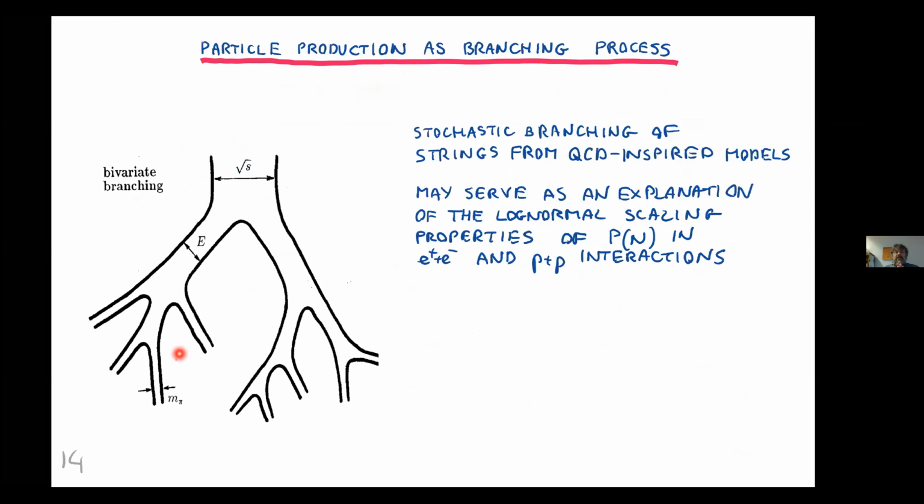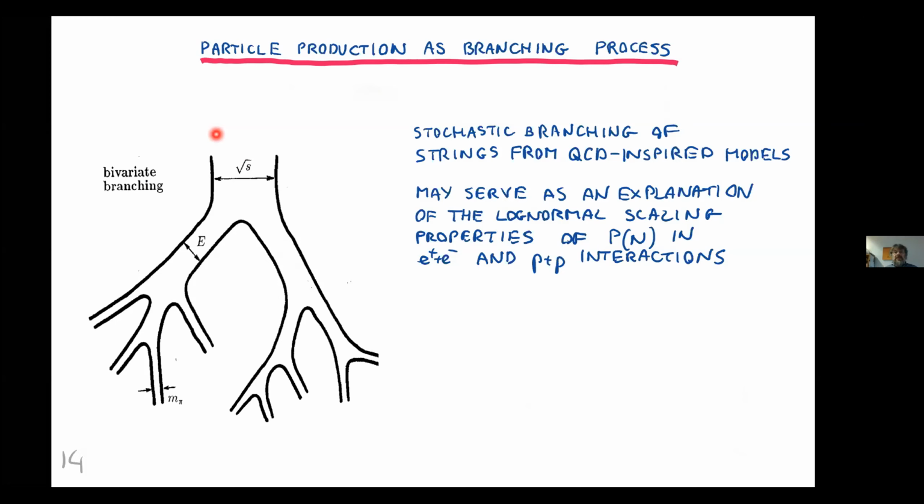Now, how can we connect this to the physics we are talking about? Imagine, for instance, an e+ e- collision. The string which is stretched between e+ e-, quark, anti-quark, a string stretched between them, decays into two strings, right? And then these two strings also will expand and decay into, each one, two strings and so on.